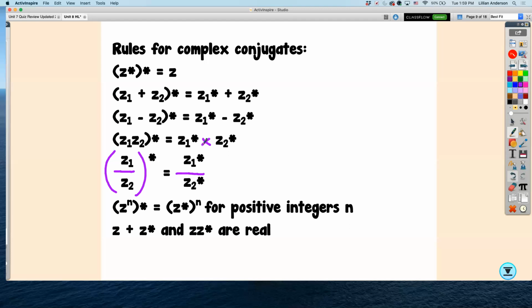And realize that the sum between the original and its conjugate and the product between the original and the conjugate are real, always. Okay. Questions?